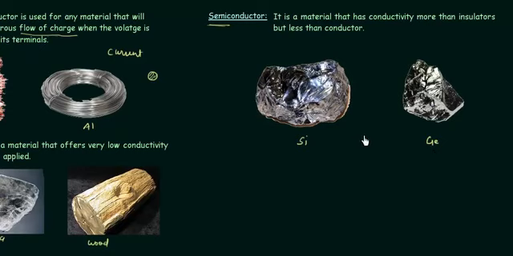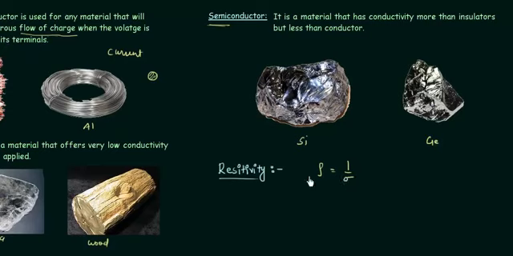They are very important and we will see their properties in a minute, but before that I will talk about the resistivity. In this we will see the resistivity for the conductor, insulator and semiconductor. Let's start with the resistivity first. It is represented by rho, and it is the reciprocal of the conductivity.